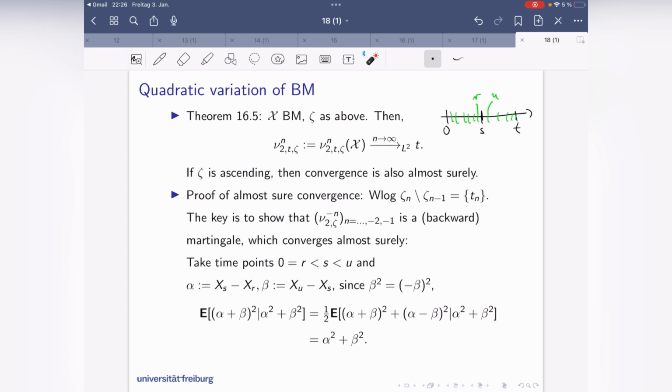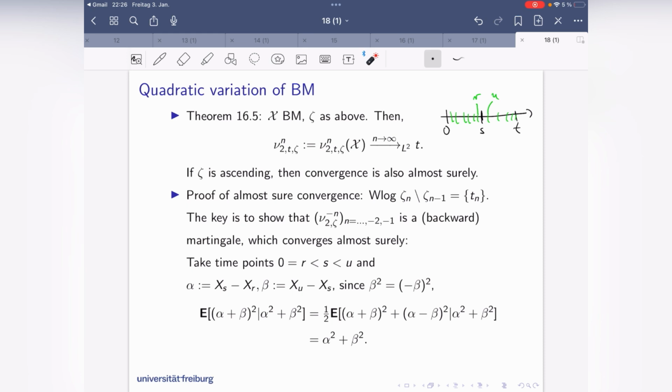And that means if I only condition on beta square, I can distinguish between the increment beta and the increment minus beta, which means I can split up two cases here with probability half. Either I stay with a plus or I go to the minus. So this is just the same, because from the condition here, I can distinguish between beta and minus beta. But now when I have this here, well, I have an alpha square, I have a beta square, I have plus 2 alpha beta, and I have minus 2 alpha beta, which go away here.